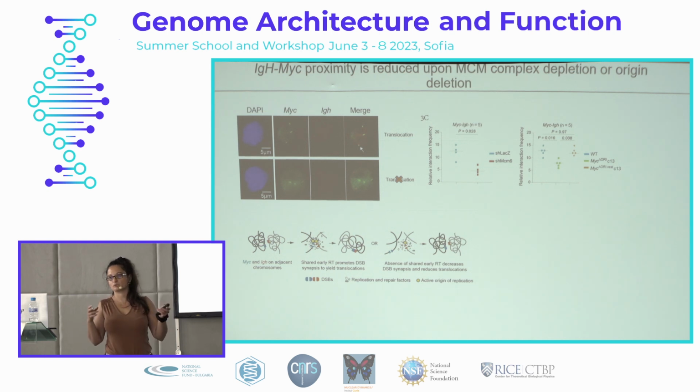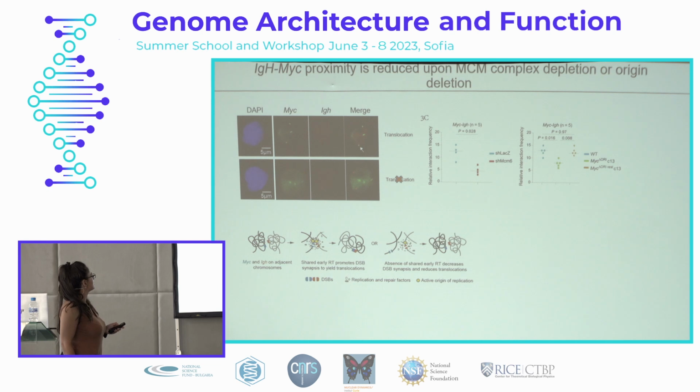So when you have double strand breaks and they're in close proximity, this will facilitate the translocation genesis. And when we modulate the time when MYC is being replicated, by depleting the MCM levels or by deleting the origin, then MYC becomes replicated at different time points, so it would not share the same replication repair hub, and that's why we decrease the frequency of translocations.